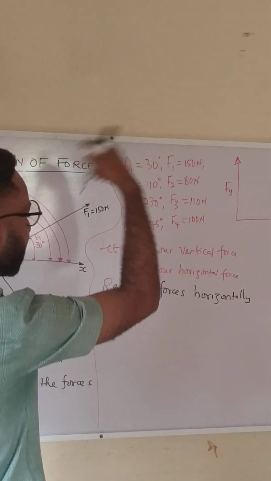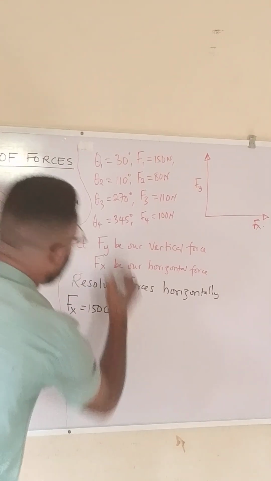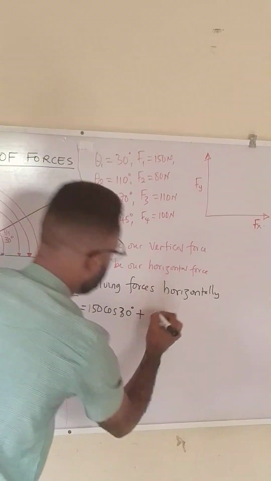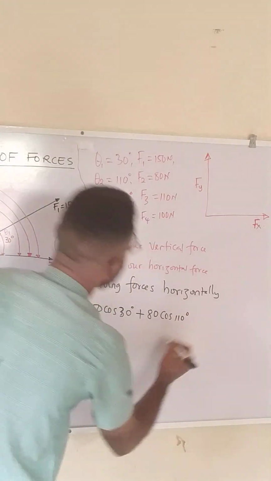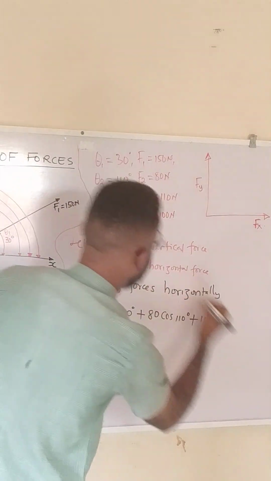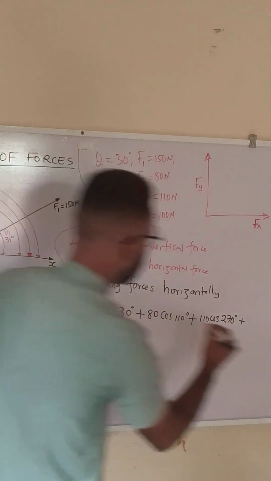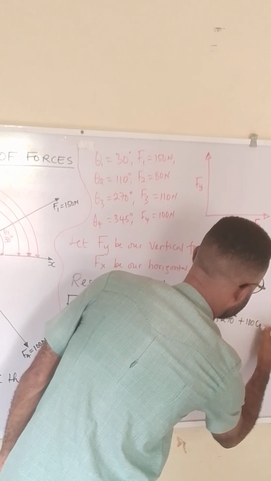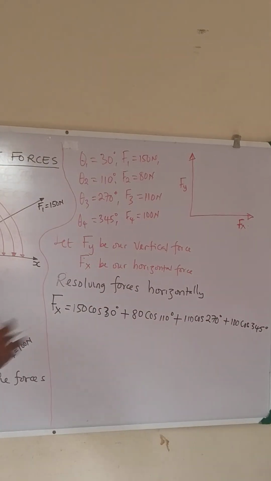The first force is 150 Newton, so it's going to be cos theta 1, which is 30 degrees, plus the second force is 80 Newton, and the theta is cos 110 degrees, and then the third force is 110 Newton, and our cos is cos 270 degrees, plus the last force is 100 Newton, and the angle is cos 345 degrees. So we've been able to resolve forces horizontally.